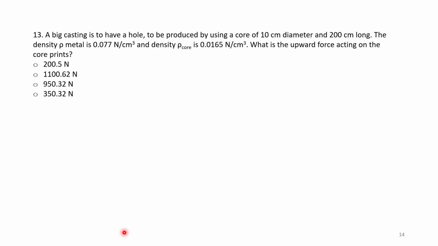Next question is, a big casting is to have a hole and to be produced by using a core of 10 centimeter diameter and 200 centimeter long. The density of metal is 0.77 Newton per centimeter cube, and for the core it will be 0.0165. What is the upward force acting on the core print?